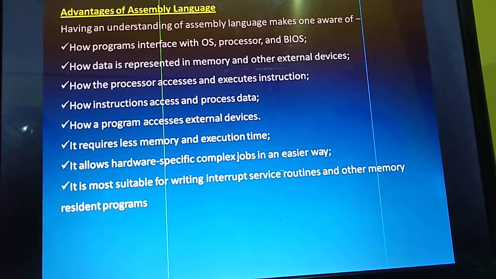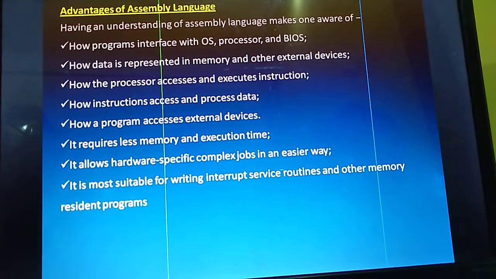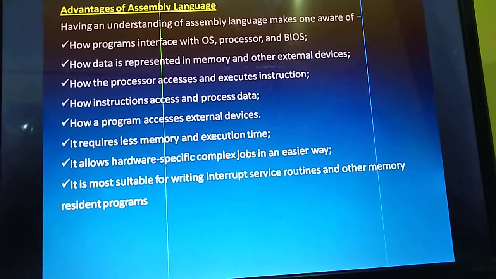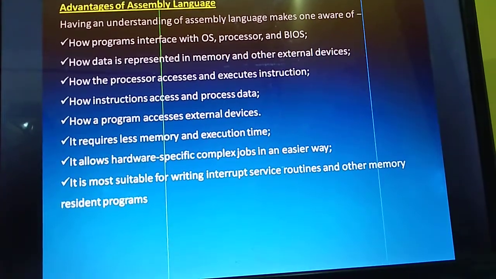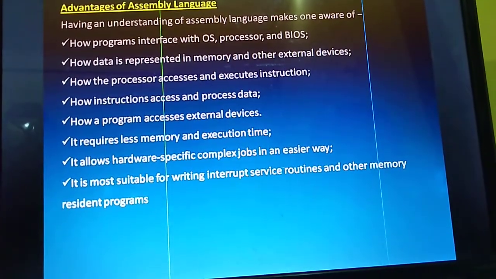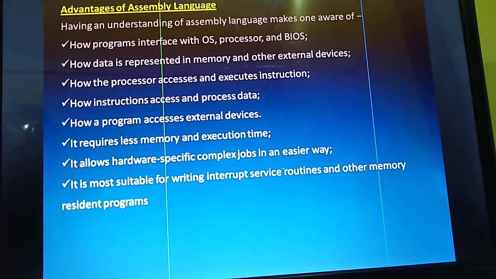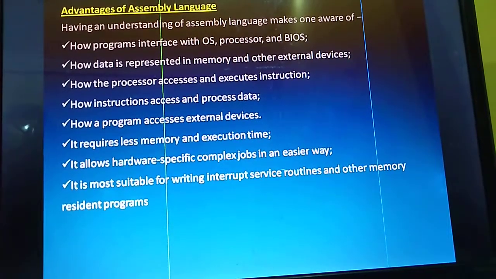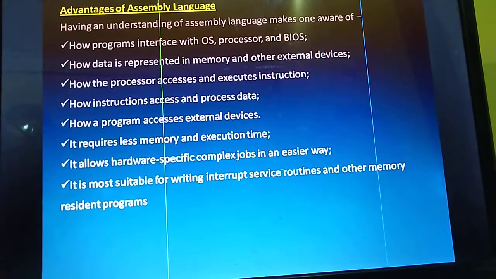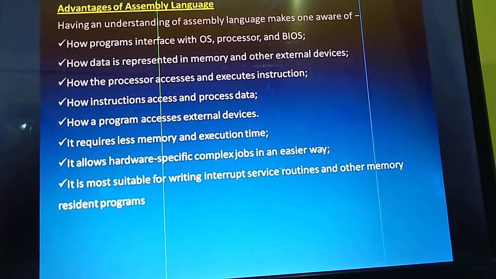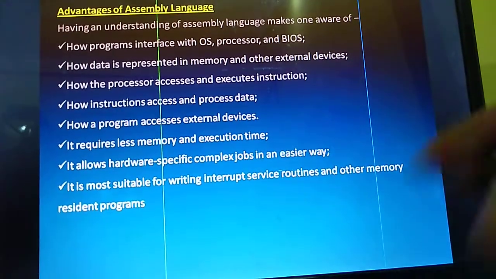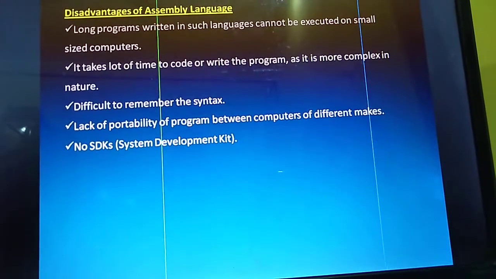It is more suitable for writing interrupt service routines and other memory resident programs. Overall, it is clear that for any particular computer, its operating system, processor, BIOS, instructions, memory and interrupt services can all be easily written or controlled with the help of assembly language.